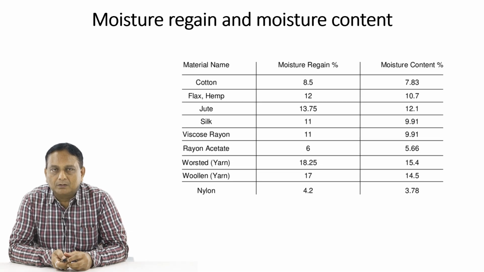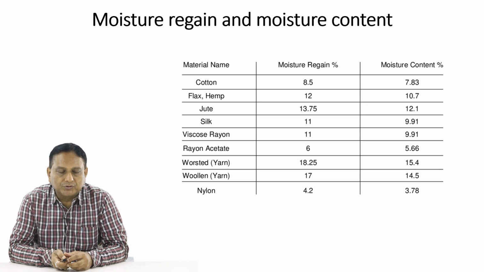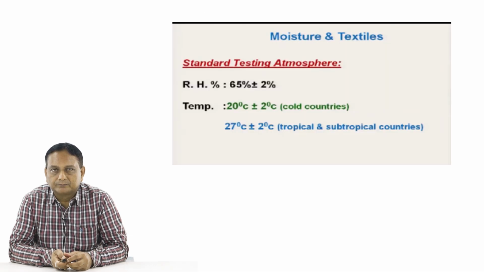Similarly, rayon, worsted yarn and woolen yarn have different moisture regain and moisture content properties. Nylon, on the other hand, has very low moisture regain, 4.2%, and moisture content is 3.78%. So these are, in a nutshell, how moisture regain and moisture content vary in different textile fibers.